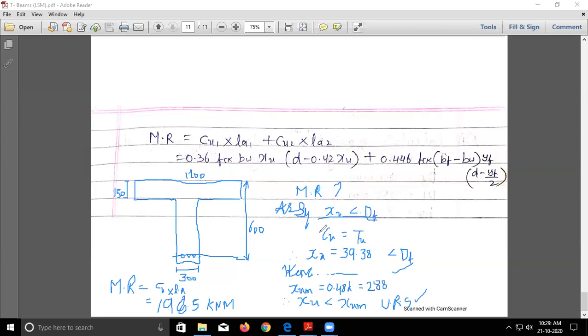The width of the flange is 1000 mm. The depth of the flange is 100 mm.